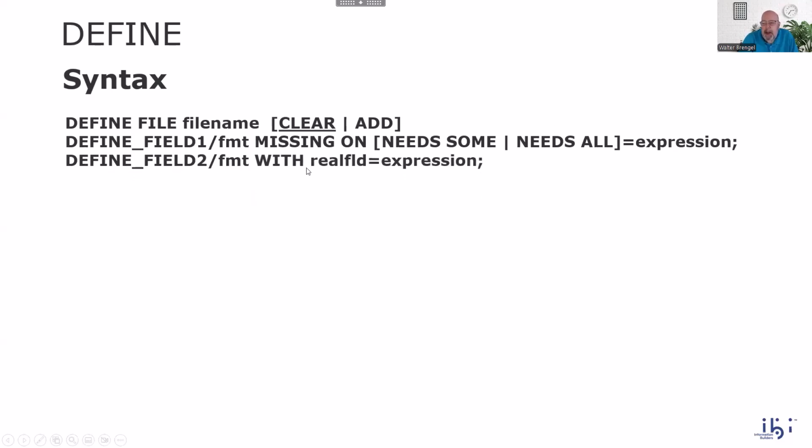Field2, we're doing WITH real field equals expression, because you might want to do the calculation based on a particular segment. So when you do a define, we will anchor the define field in the same segment based on the fields that you're using in the expression. Now, if you're doing relational, most of the time you're going to have single segment tables.